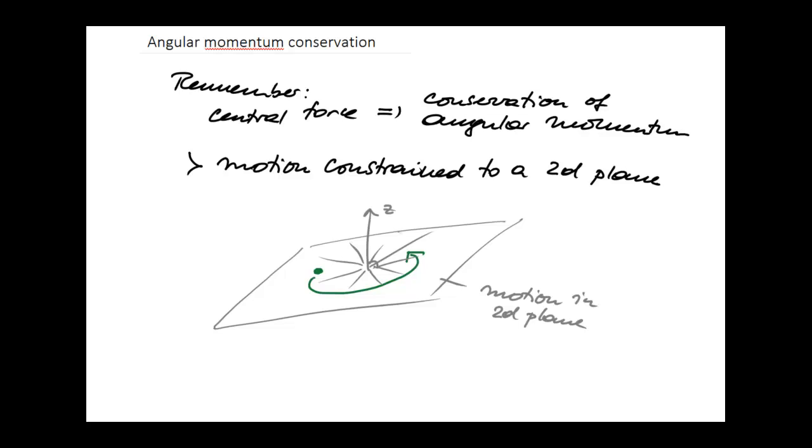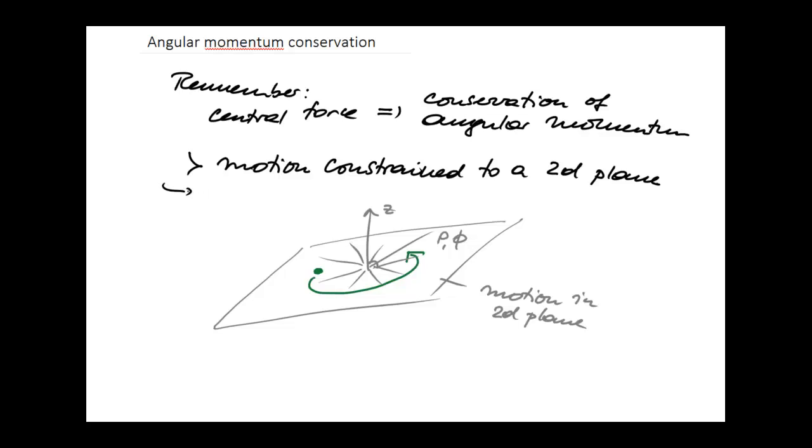And in the plane, we introduce coordinates rho and phi, where rho is the distance to the origin in that plane, and phi is the angle with respect to the x-axis.